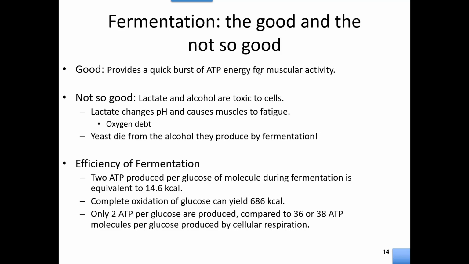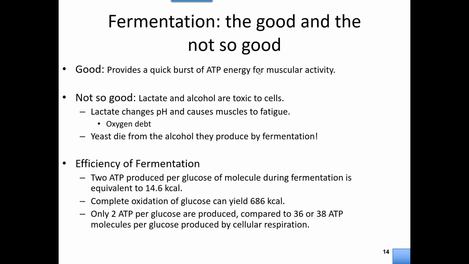They made lactic acid, and that acid is toxic to your cells, and it causes your muscles to fatigue and feel sore the next day. Now, if you're yeast, they actually die from the alcohol they made. So the yeast will happily make some alcohol and break down all that glucose, but then they actually make enough alcohol that it kills them. So they make a product that ultimately kills them. So good, but there's side effects as well.